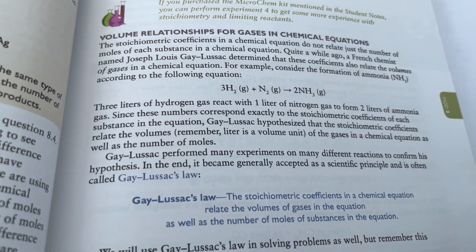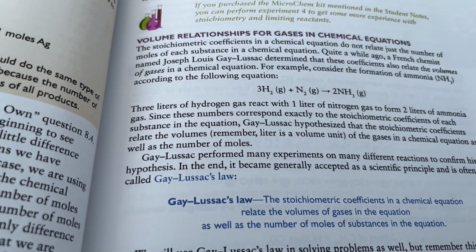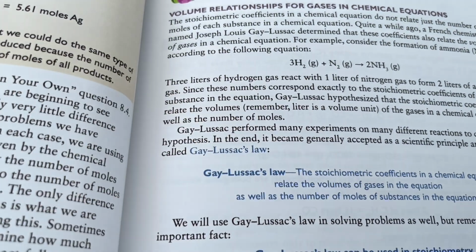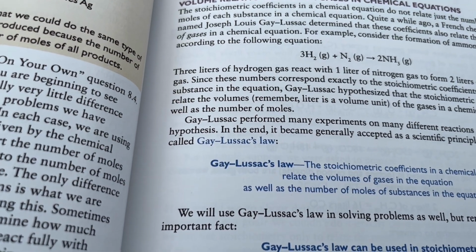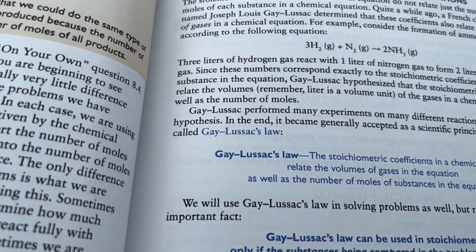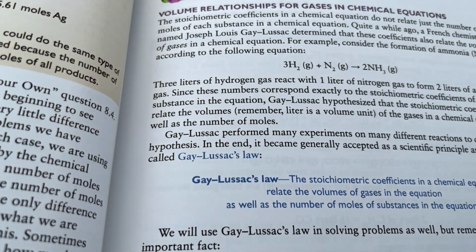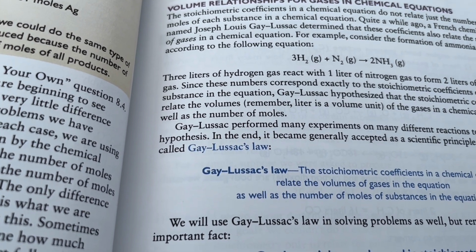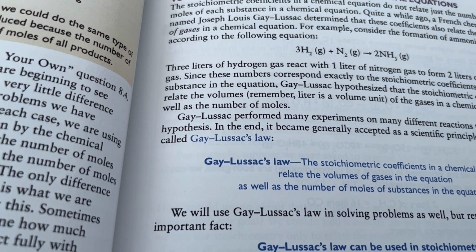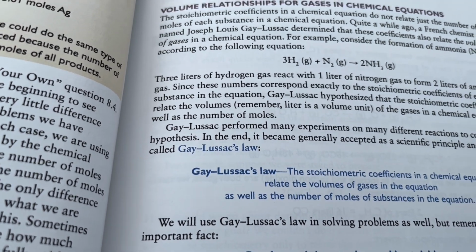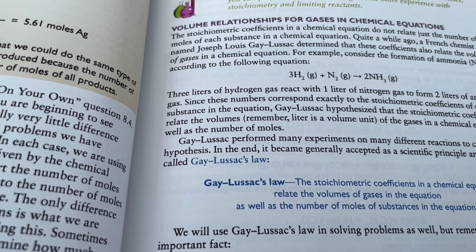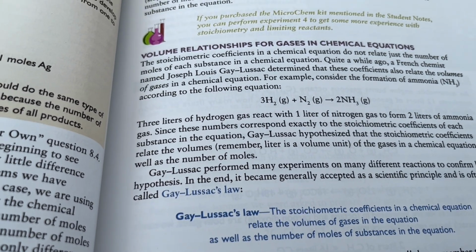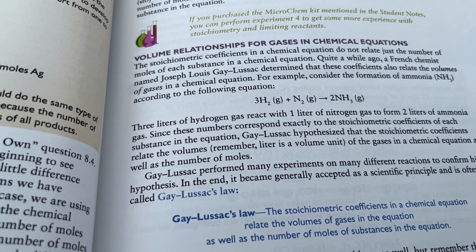In this particular example, using Gay-Lussac's law, you can see that 3 liters of hydrogen gas reacts with 1 liter of nitrogen gas to produce 2 liters of ammonia gas. So we can use the liter when we're talking about volumes of gases. And in this problem, those are gases, and so they can be related in this way.